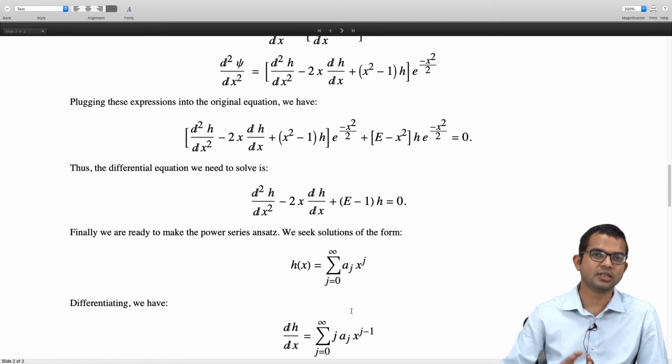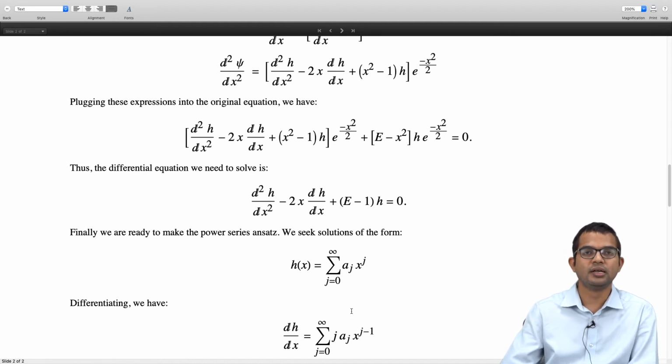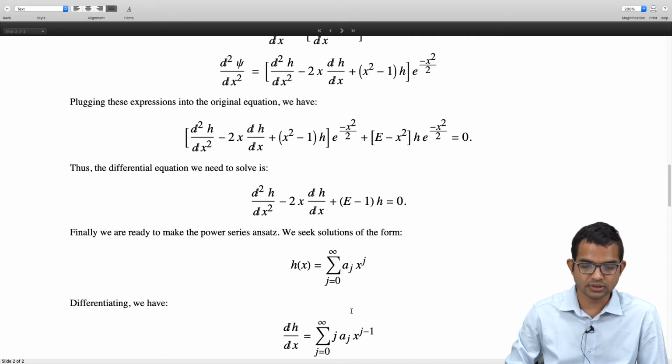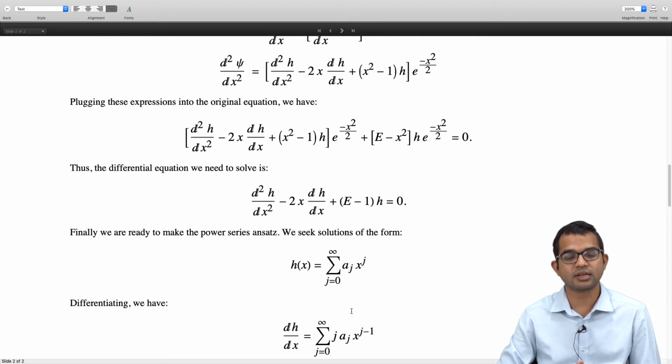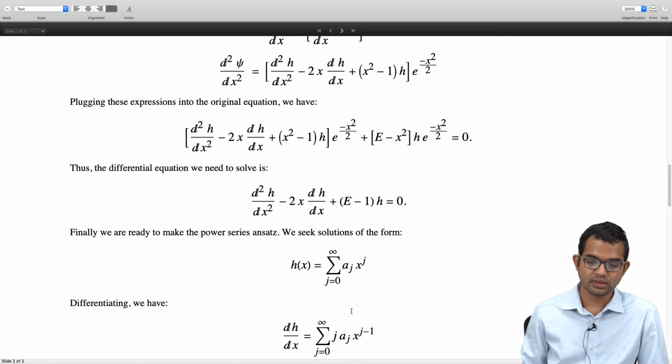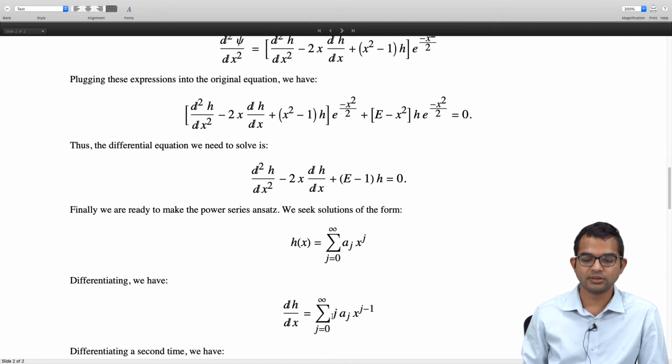We assume this at this point. We're not going into a detailed discussion of these convergence issues, because we want to just illustrate how the technique works.